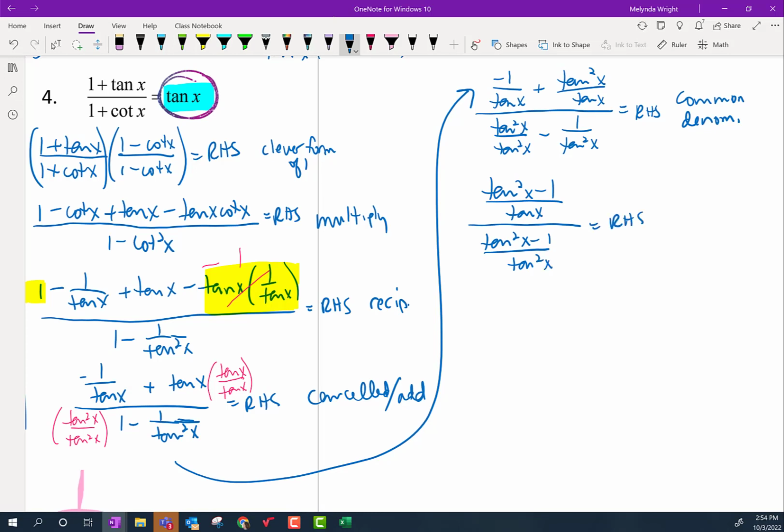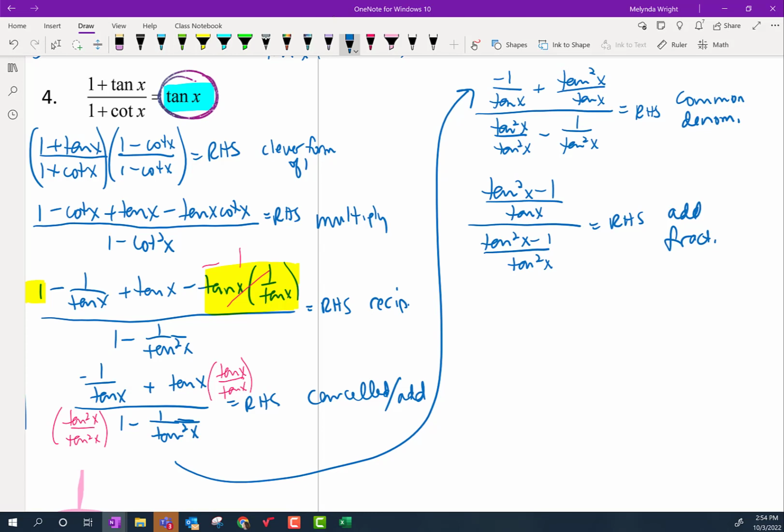All right, so I combine those 2 fractions together because now I have a common denominator. I'm just going to say add fractions. Okay, so I've got tangent squared minus 1 over tangent, all over tangent squared minus 1 over tangent squared. Okay, what should we do now?